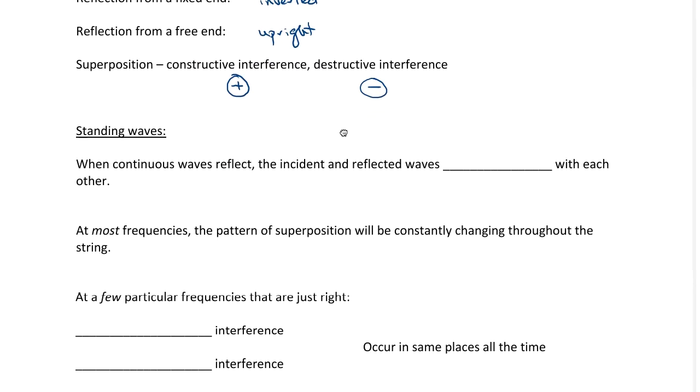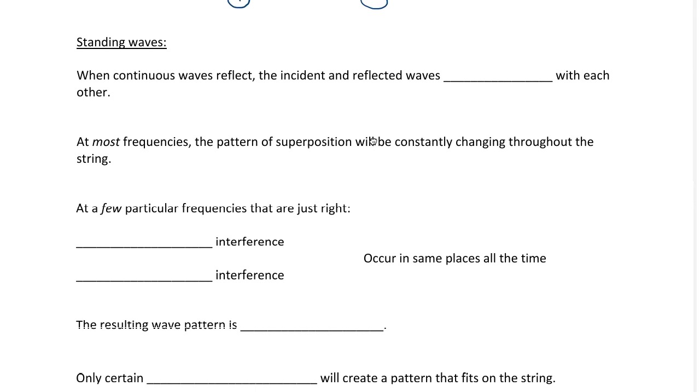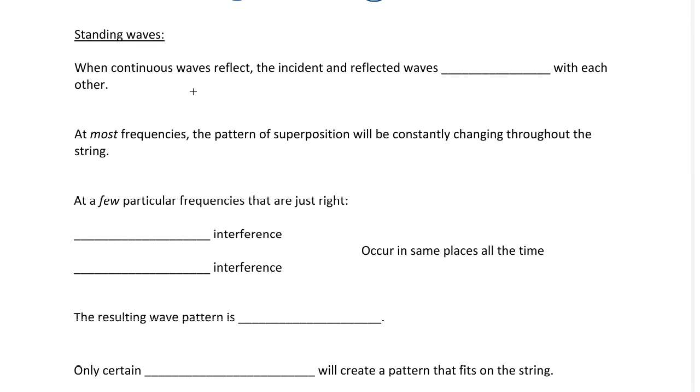So again, a standing wave pattern is formed by continuous waves reflecting. And when continuous waves reflect, the incident and the reflected waves do interfere with each other. Now, at most frequencies, and we'll look at this in a moment, the pattern of superposition is going to be constantly changing throughout the string, and we don't see much of interest like we just saw there.